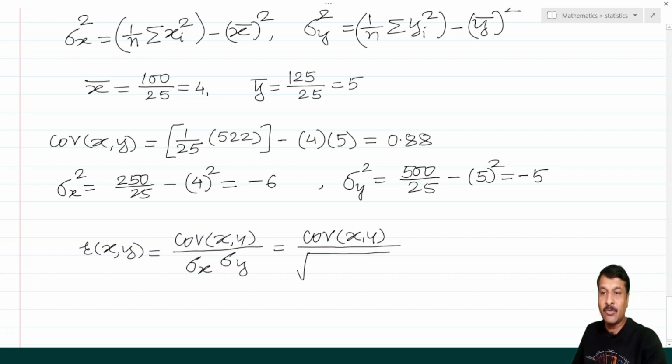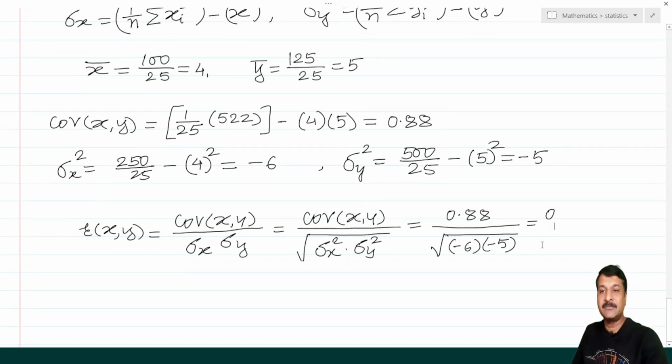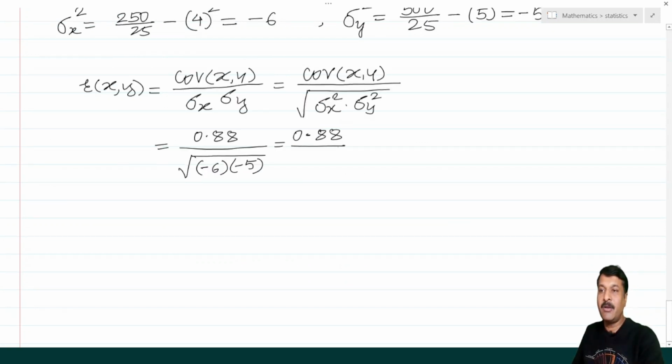So under root of sigma x square into sigma y square together, and here you put the value 0.88 upon under root of minus 6 and minus 5. So it will be 0.88 upon under root of 30.